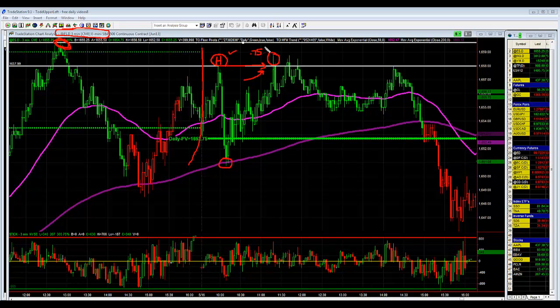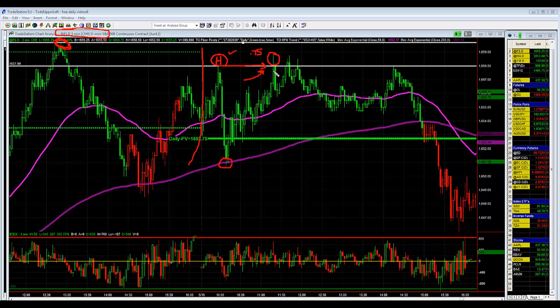Now, when the market is testing not only the day's high, but a significant, really critical high, like the all-time high here, what I'm looking for is a certain price pattern. Really, two price patterns I'm looking for the market to form.